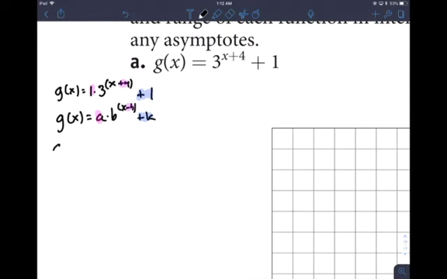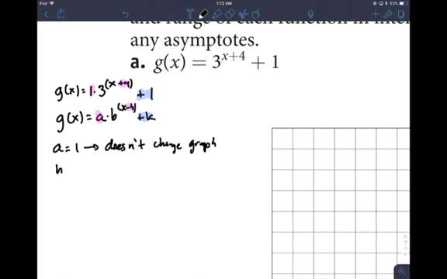So I know that k is equal to 1, so nothing happens there, it doesn't change the graph.